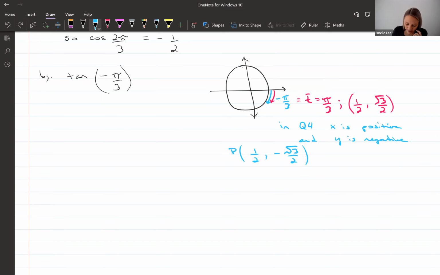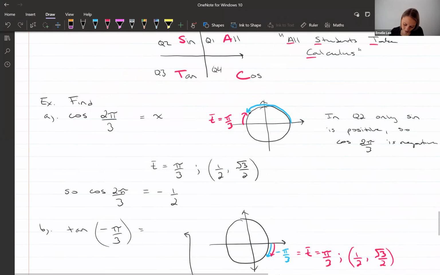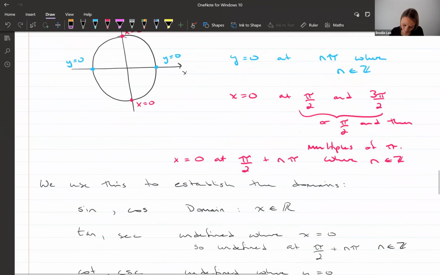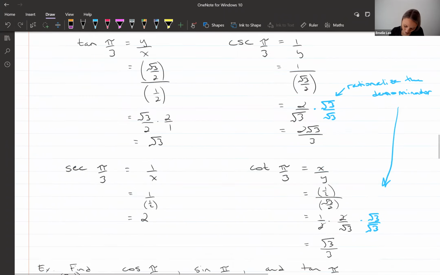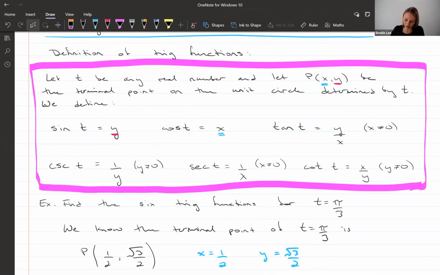So we can use this, because the tan of negative pi over 3, if you know what the terminal point of negative pi over 3 is, then if I know my x's and my y's, y over x. Here, I want to make sure that x is not equal to 0. It's not in this case, so we're good.